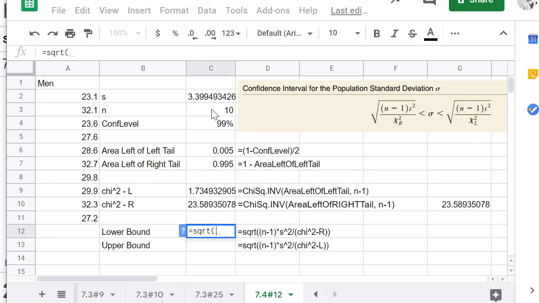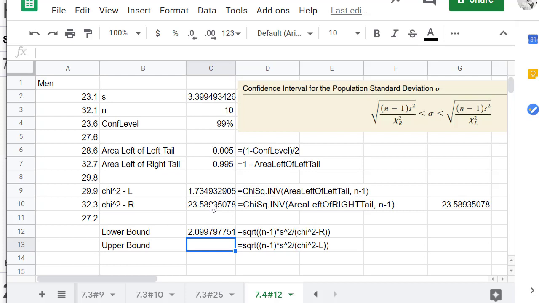You can just put 9, or if you want to use a formula, we can do the parentheses, then n, subtract 1, times the standard deviation squared, and then divide by chi-square right, close the parentheses for the square root and press enter, and now we have the lower bound.